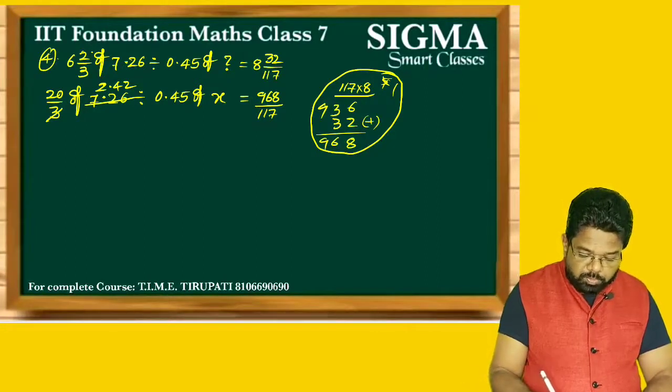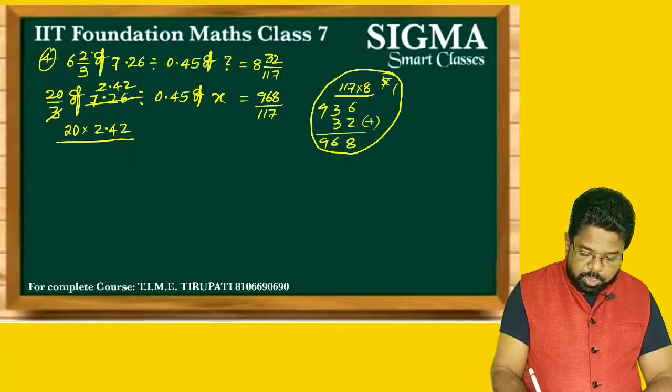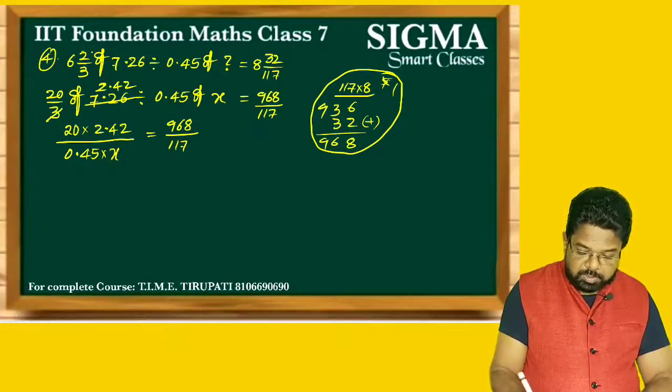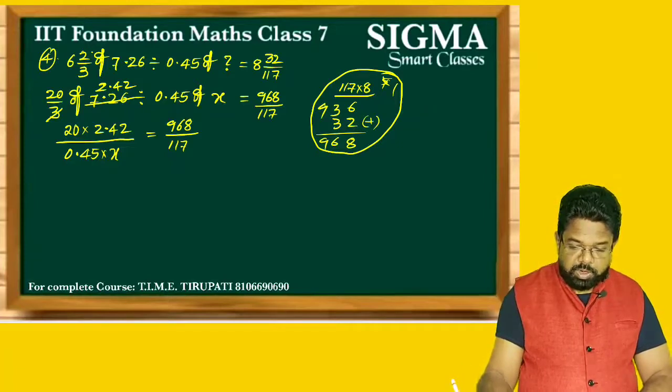20 into 2.42, so divided by, of means into again here, 0.45 into x is equal to 968 by 117.